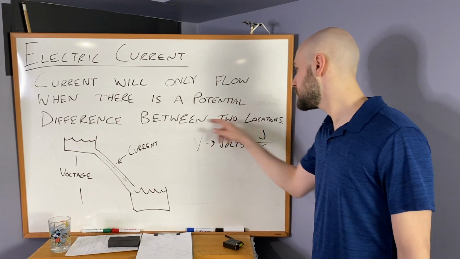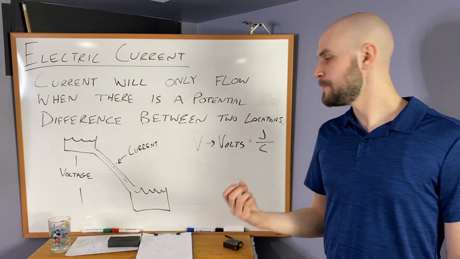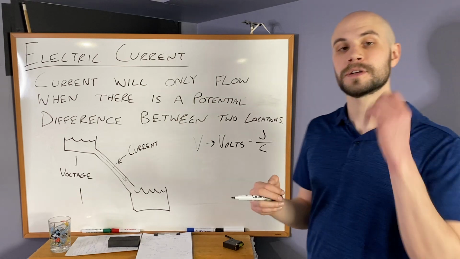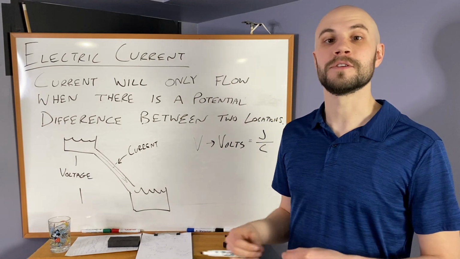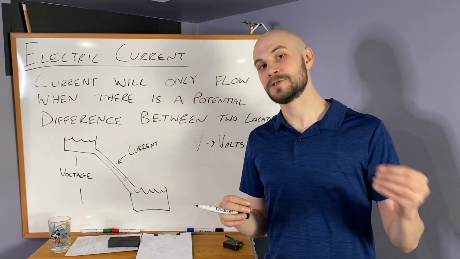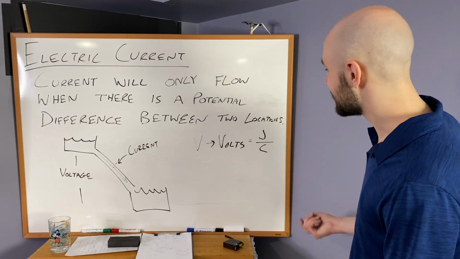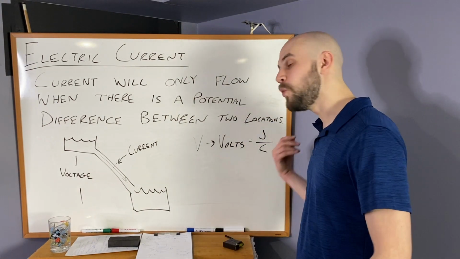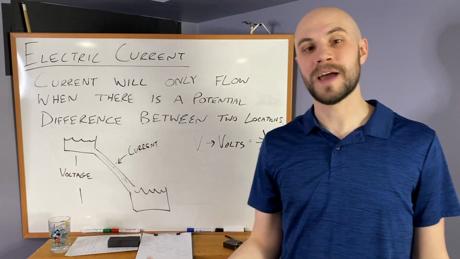So voltage, I want you to think of voltage in terms of energy, right? The whole point of circuits is for us to convert energy from one form to another. Let's say I have a circuit with a lamp in it, right? I want to convert the electrical energy in the circuit to the light energy of the lamp. So let's say I have 1 volt of potential difference, 1 coulomb flowing. I can deliver 1 joule of energy to that lamp.